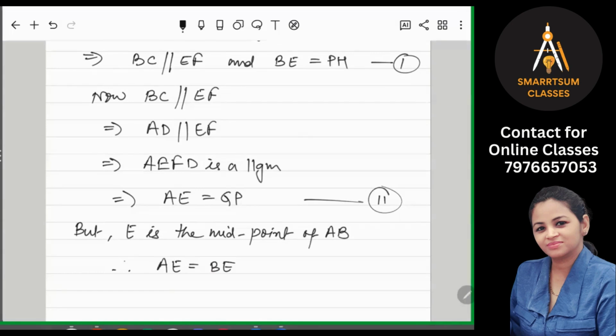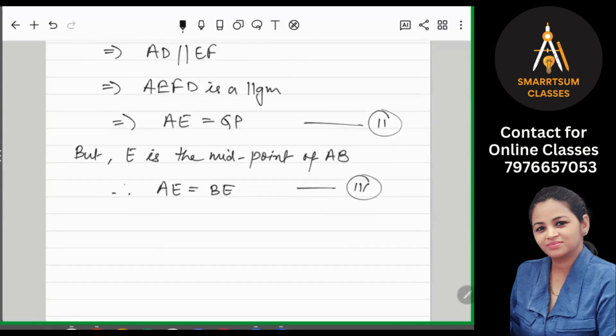Are you getting that? Okay, E is the midpoint, so AE and BE will be equal, right? So now AE and BE are equal, means this and this are equal. So can we say that GP and PH will also be equal from first and second? Getting that? Okay, so write down. Suppose this is equation number 3, right?